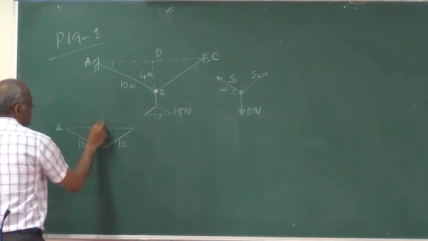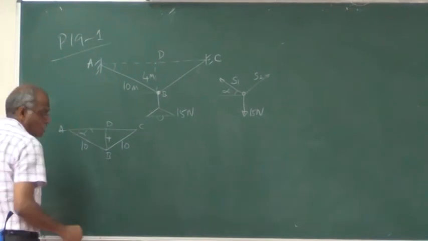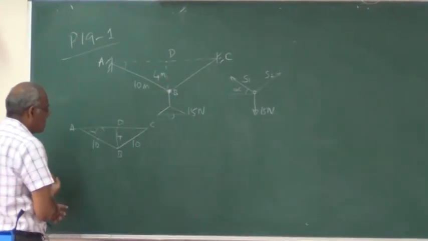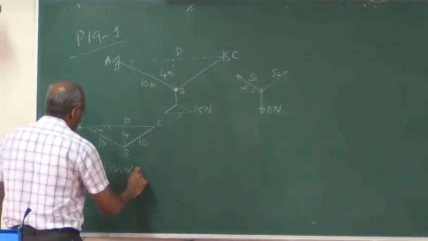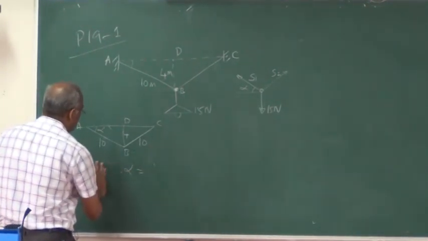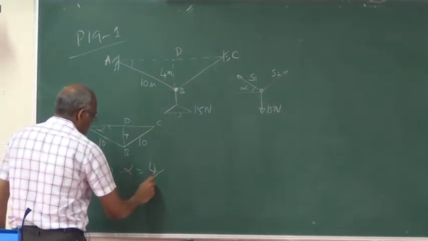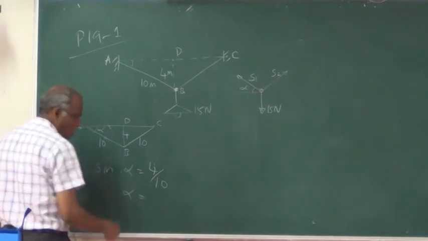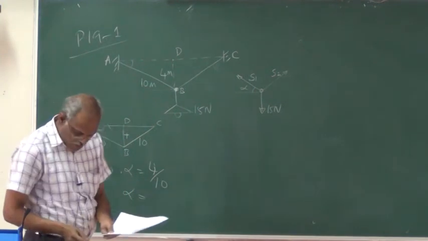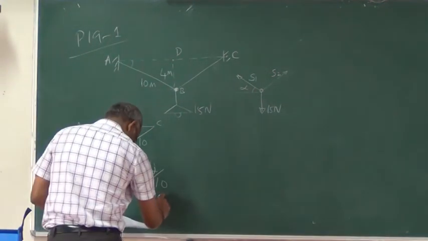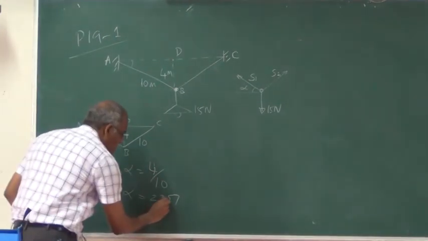So this is A, D, C and B. If you want to find what this makes with respect to the horizontal, alpha, you can readily say that sin alpha is 4 by 10. So you can find alpha from this. It is going to be 23.57. Alpha is 23.57.